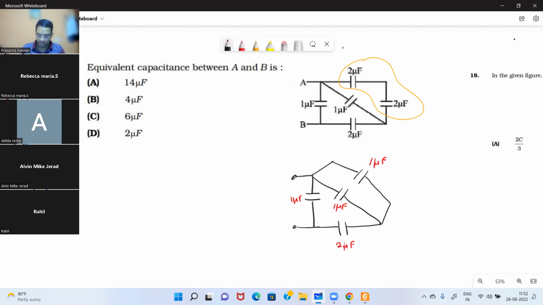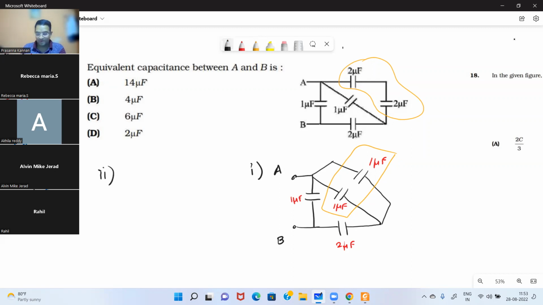So this is step 1, right? Is step 1 clear to you? Yes, sir. Okay. Now, can you tell me about the 1 microfarad and the 1 microfarad here, how they are connected? Parallel. They are going to be in parallel, right?